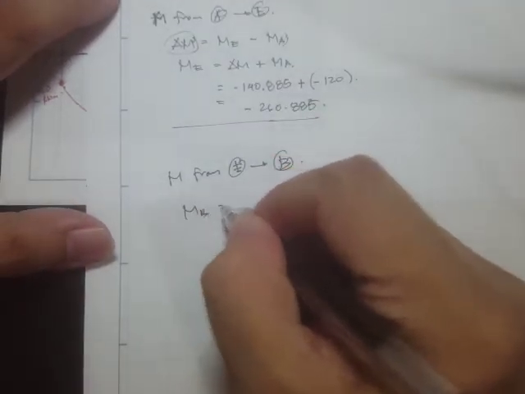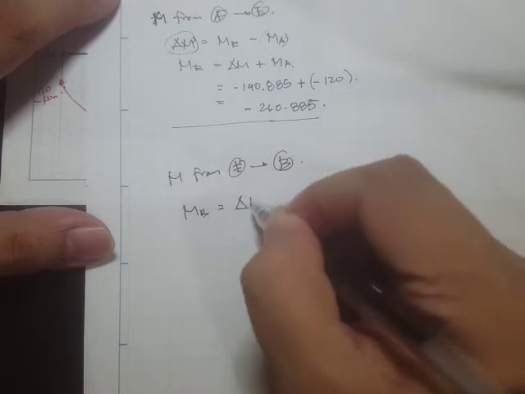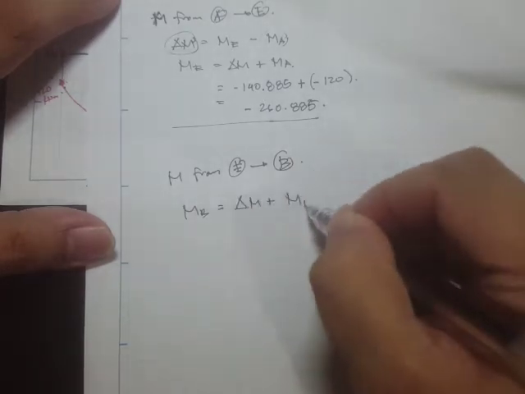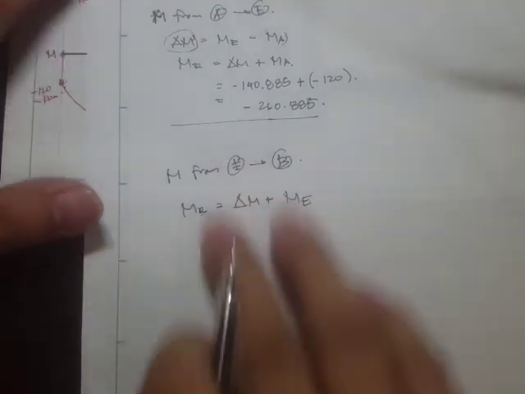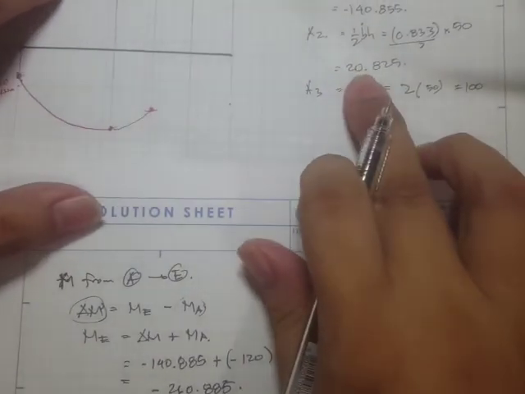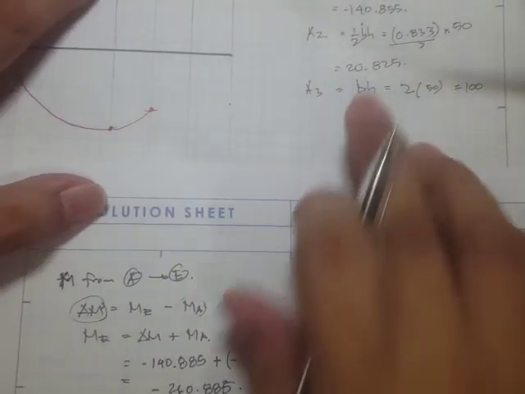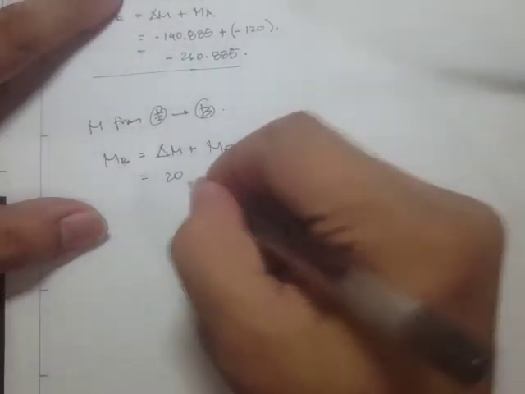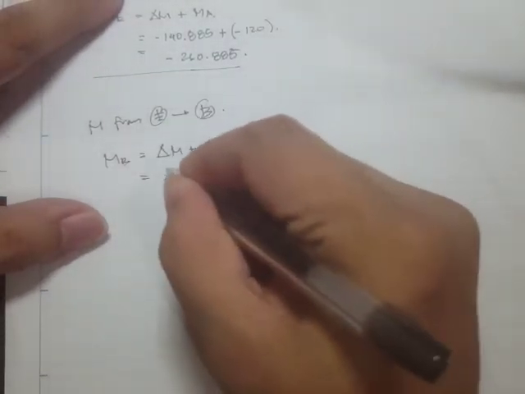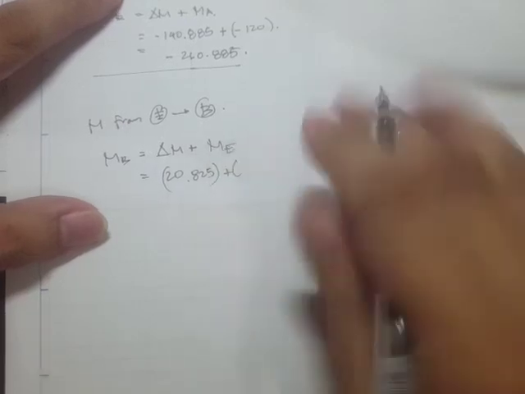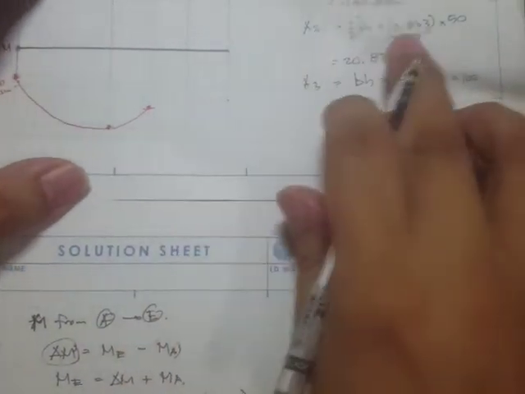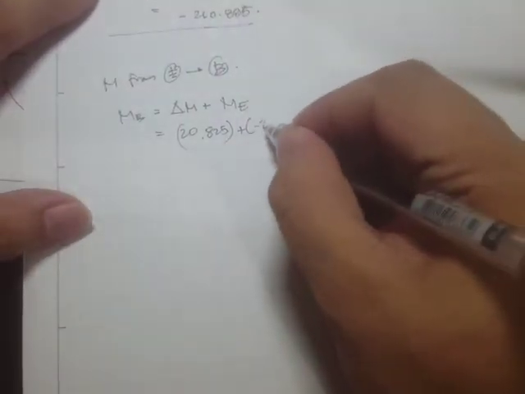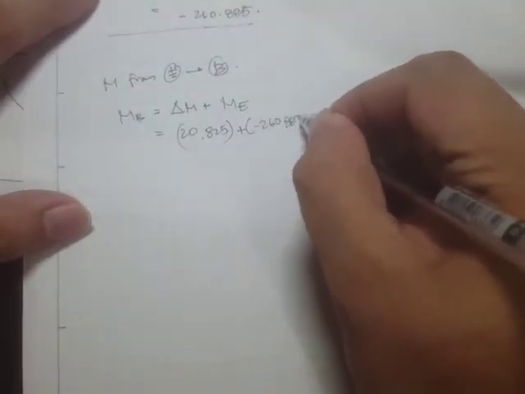So M_B is simply equal to delta M plus M sub E. And what is this delta M? That's area 2. This is positive, so this will be 20.825, plus the value of moment at E, which is minus 260.885.